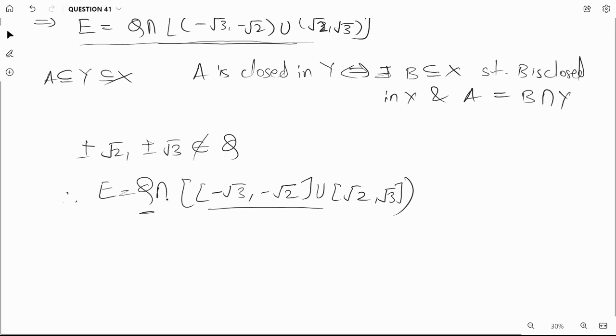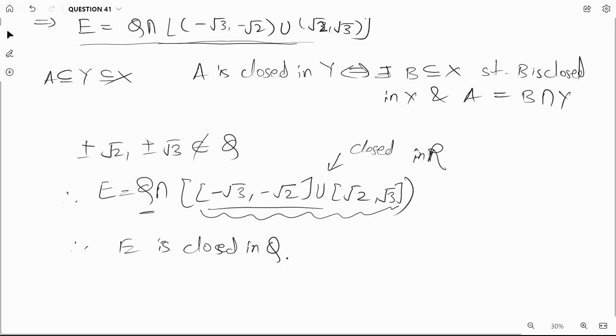So we can write E as this. Now note that the set in the bracket is a union of two closed intervals in R, so this is closed in R. Thus we can write E as the intersection of something that is closed in R with Q, right? Therefore from this theorem E is closed in Q, right?